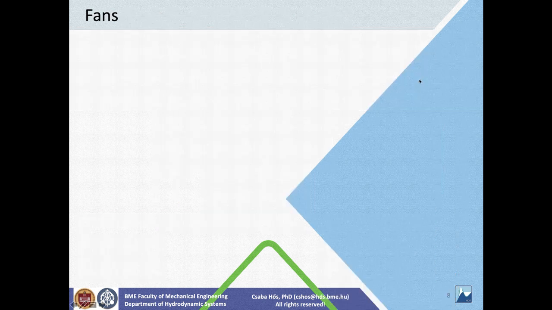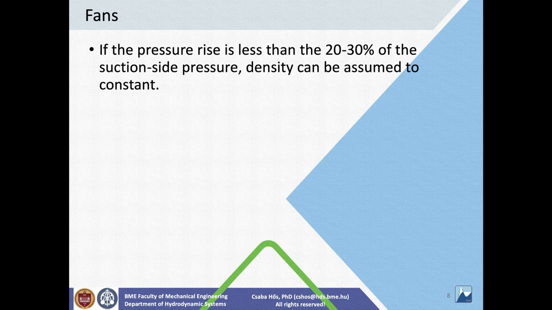Okay, so now let's speak about fans. All that I've explained so far applies both to fans and pumps, but now we will work specifically with fans. First of all, as we've already learned in the beginning of the semester, if the pressure rise is less than approximately 20 or 30% of the suction side pressure, then density can be assumed constant.